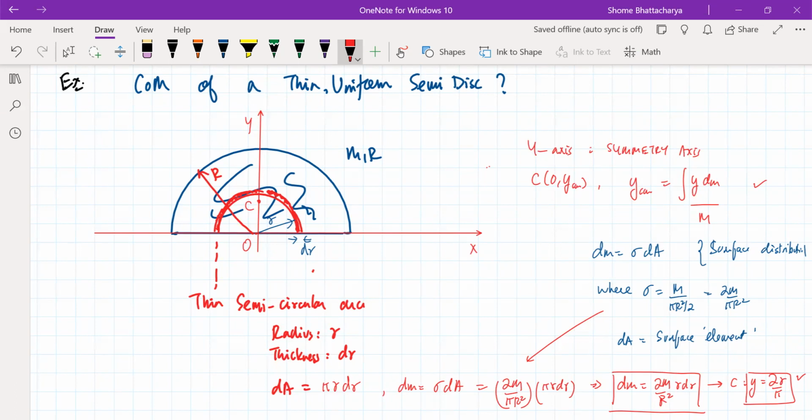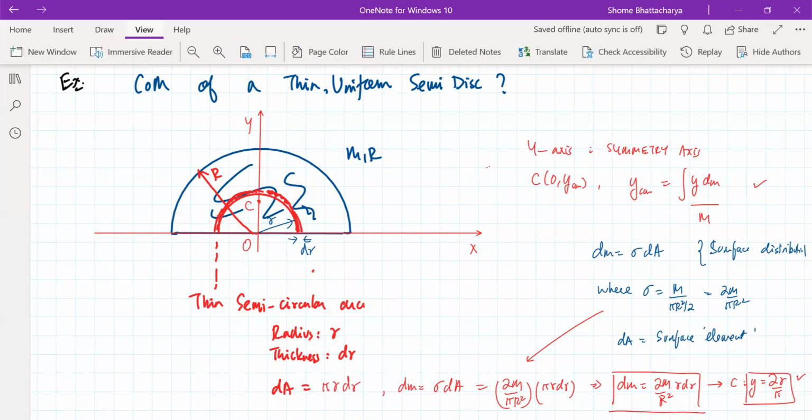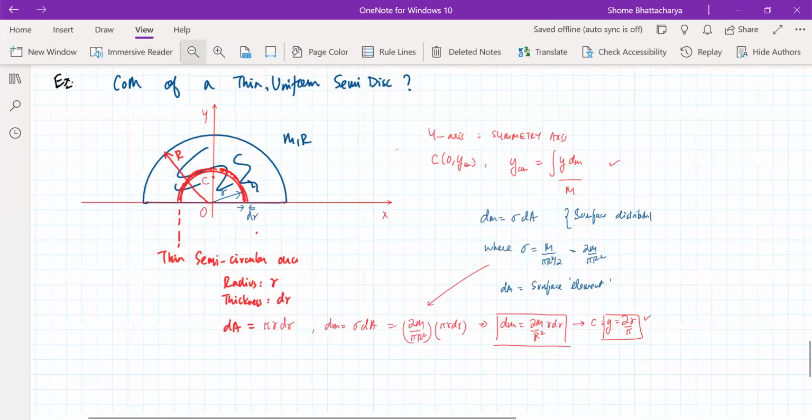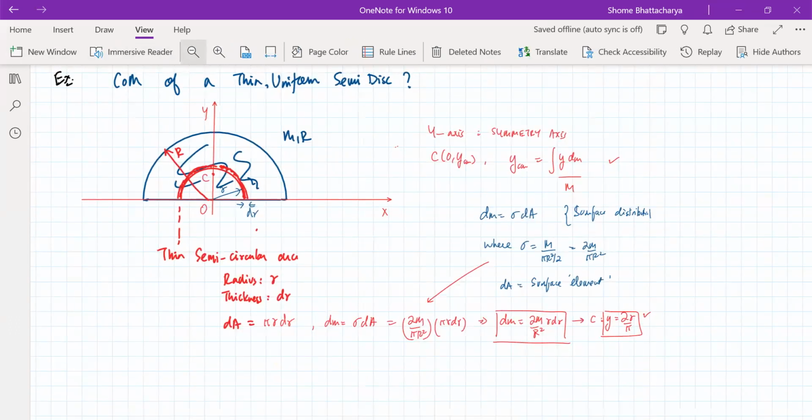Whereas the largest one is right at the circumference where small r is equal to capital R. You're summing up all those ribbons by doing the integration with the limits that small r goes from 0 to capital R. So first we'll collapse this area into a line, and then again we'll integrate that line into a point.